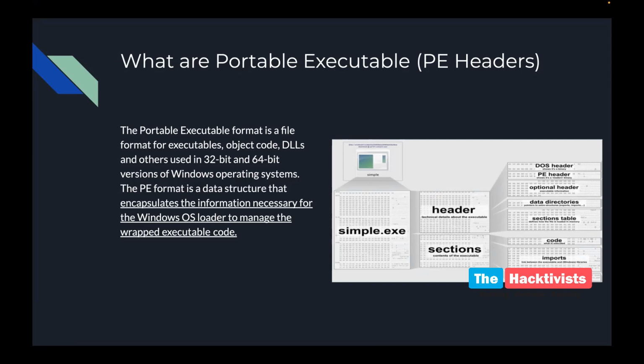All those things will be available in the PE headers. That is what our operating system will take up. Once every requirement is satisfied, only then will it go to the second place where the code will be executed, and then we will be able to see the execution of that code. So this is what the portable executable file is.